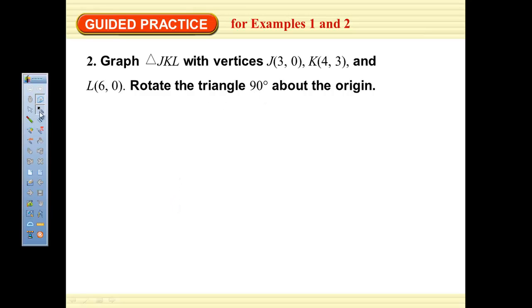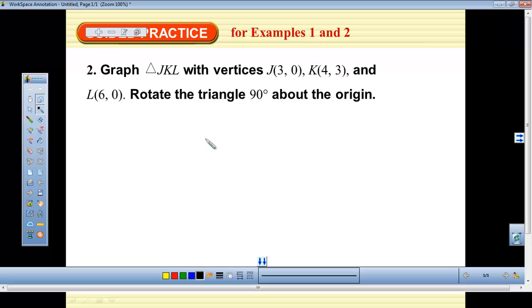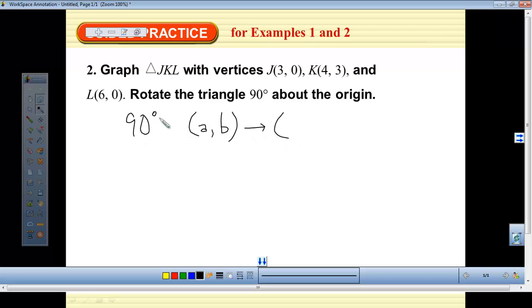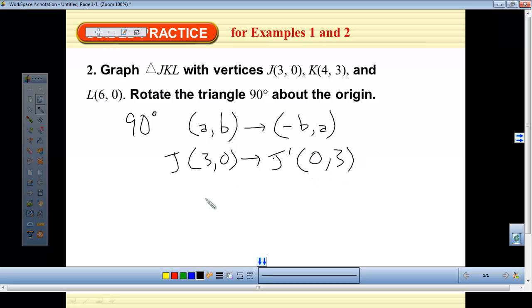In this case, if we go 90 degrees about the origin, it would look like (a, b), and this time when we flip it for 90 degrees, it would be (negative b, a). So J, which is at (3, 0), would become J prime, which is (0, 3).